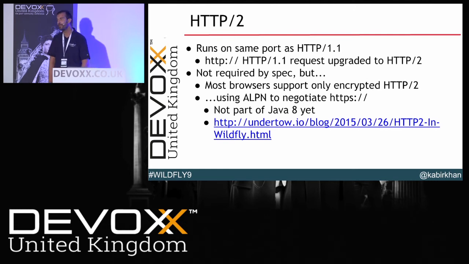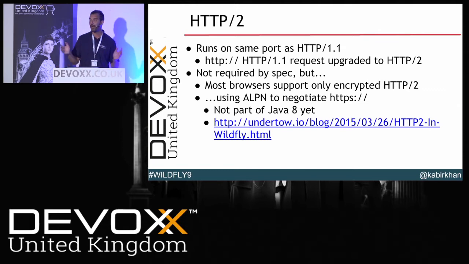So HTTP2 basically runs on the same port as the standard web server. The way it works is you make a HTTP 1.1 request with a request to upgrade to HTTP2 if the server supports this. If the server doesn't support this, then we just keep on using HTTP 1.1.